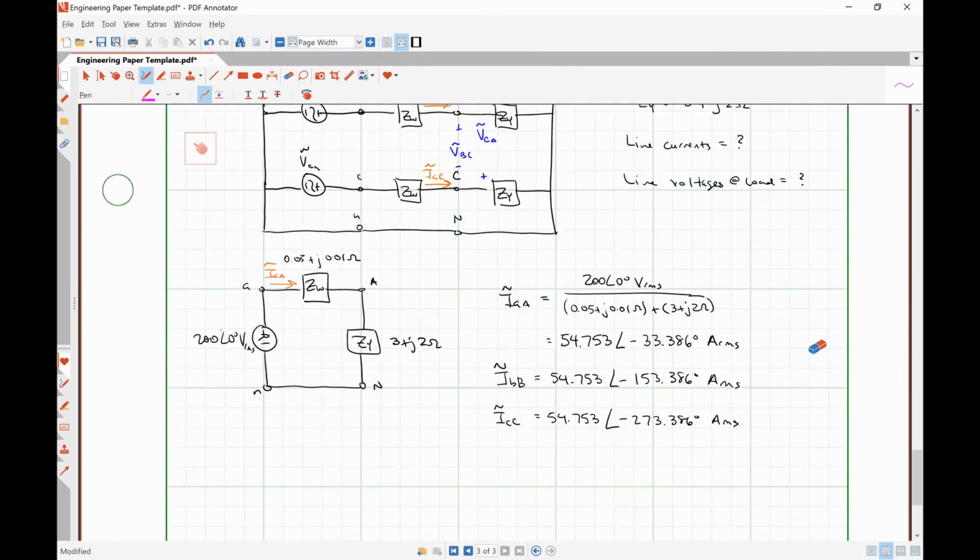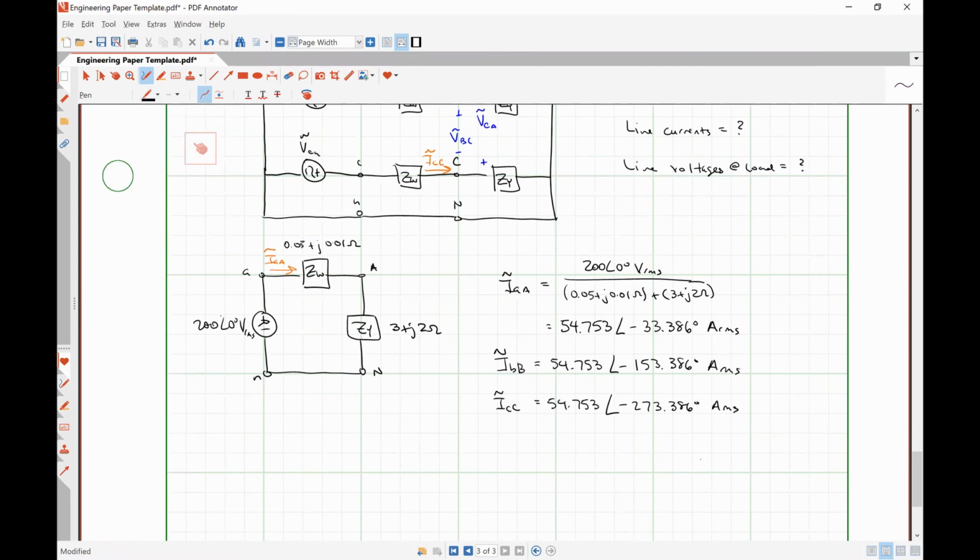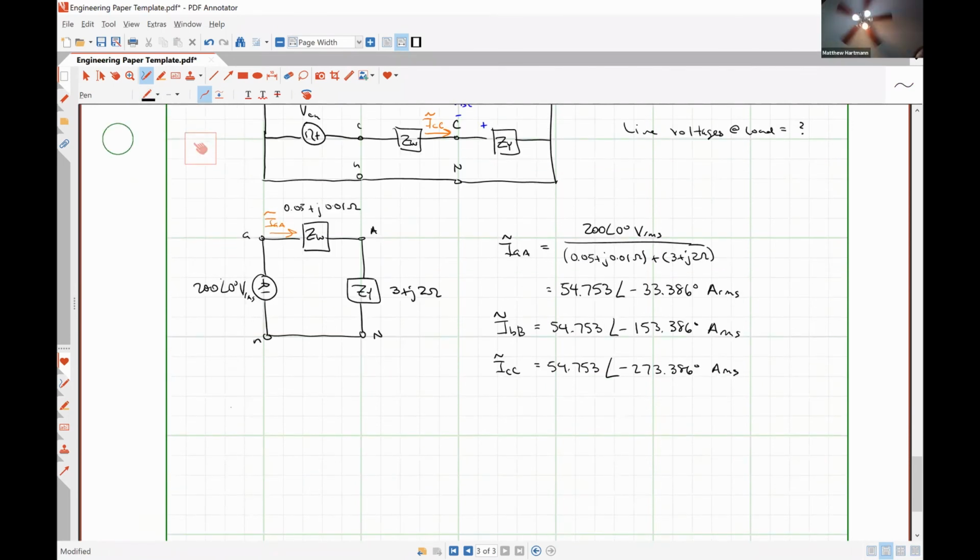So to get our phase voltages, let's say that we want VAN. What could we do?